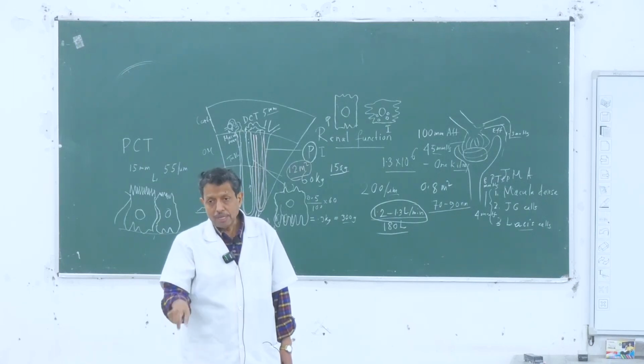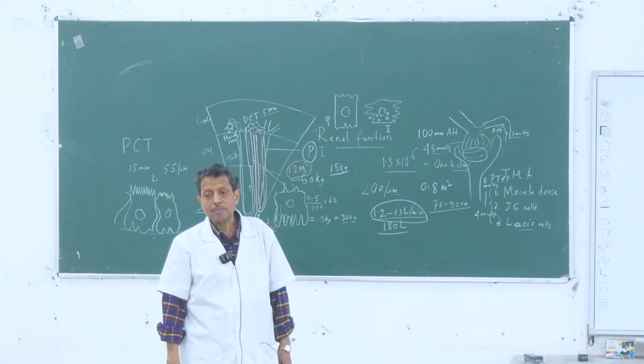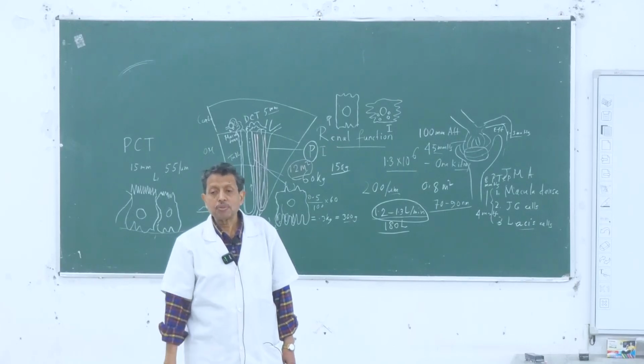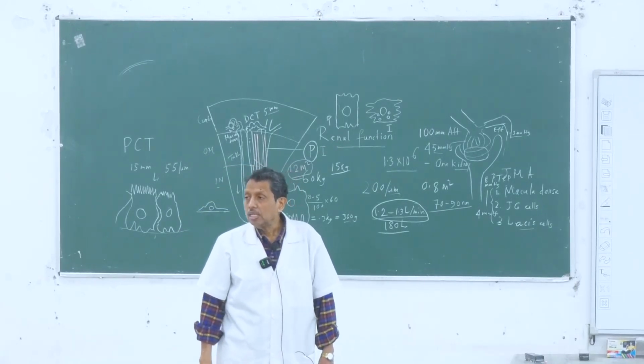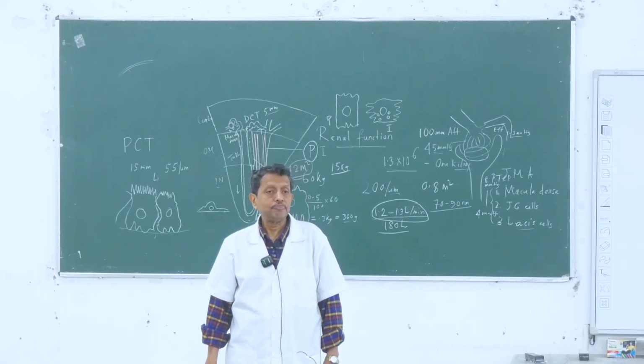But in the peritubular capillaries there is a much greater fall of pressure, and it is only 8 millimeter of mercury. So this is the area where reabsorption can take place. You are familiar with the Starling forces elsewhere in the capillaries.